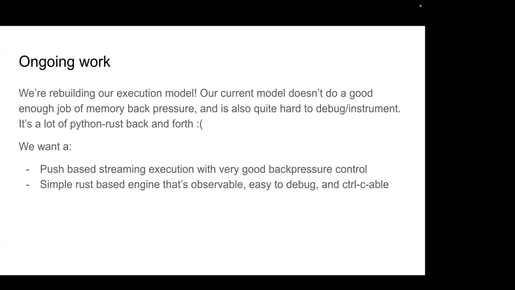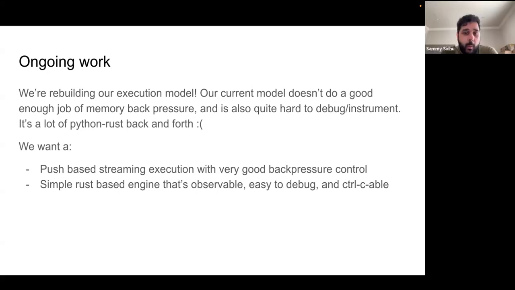But yeah, can you speak more on Python, Rust, back and forth? I think that's mainly going to be a quality of life thing. I don't think it'll affect efficiency that much, but essentially what happens right now is, for example, when you do df.collect on the Python side, it'll call something on the Rust side, which translates a physical plan into partition tasks.